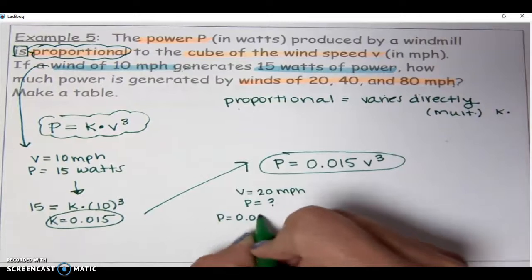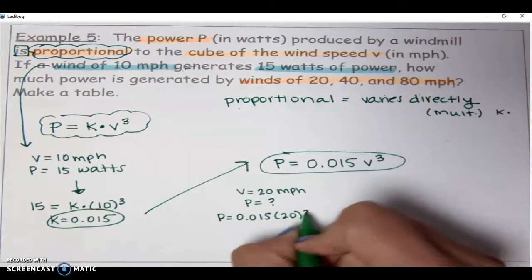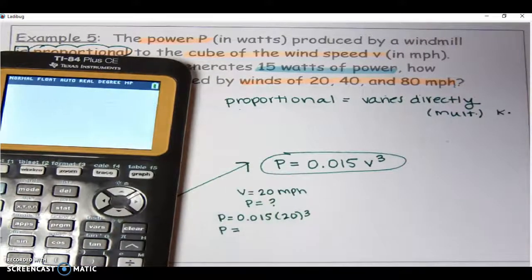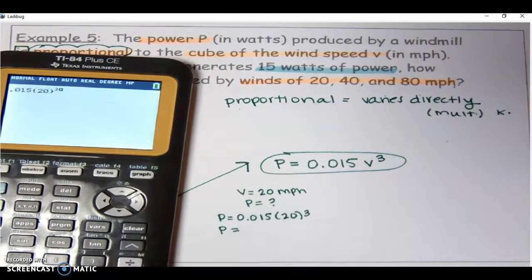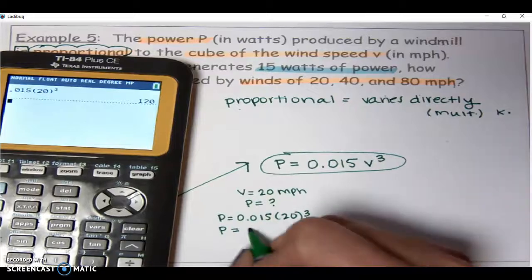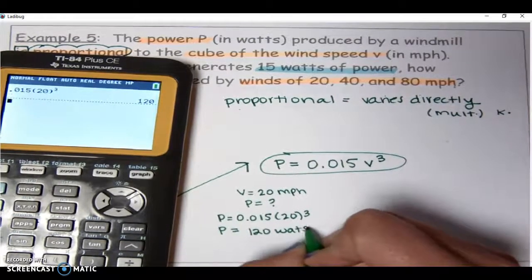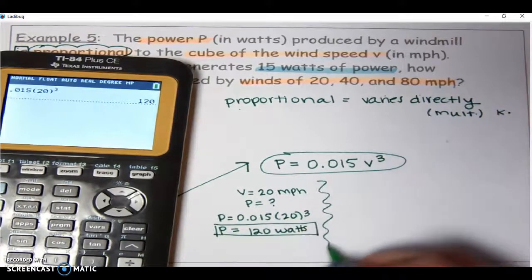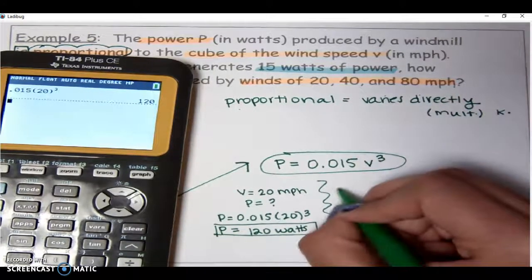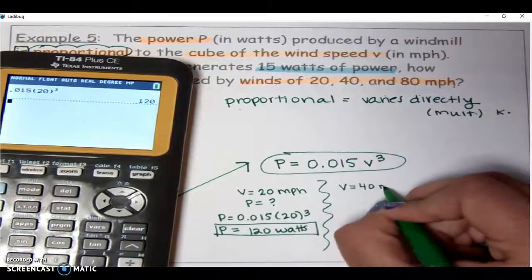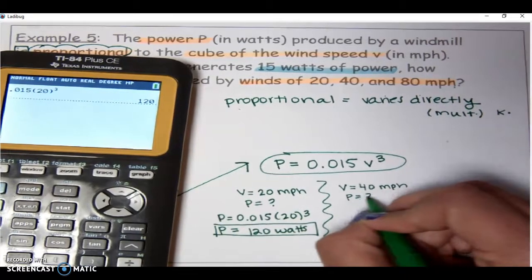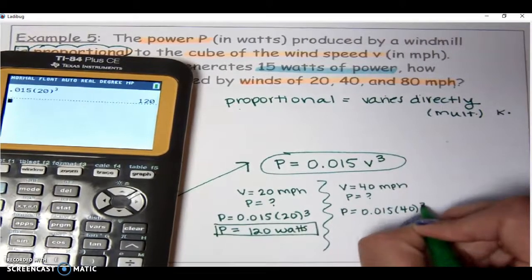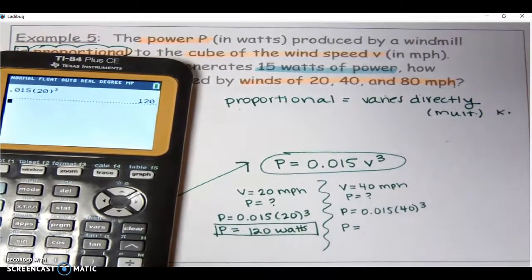We plug in: P equals 0.015 times 20 to the third power. You just plug into your calculator. You should get 120, and that's going to be watts. So when the speed is 20, the power is 120. Then when the speed is 40, I'm trying to figure out P. We plug in, and you can use your calculator.